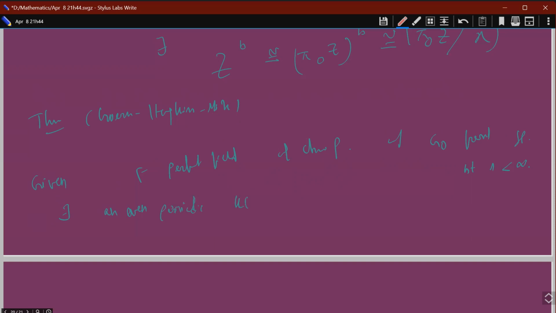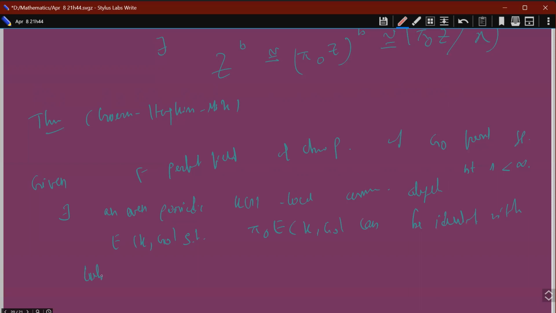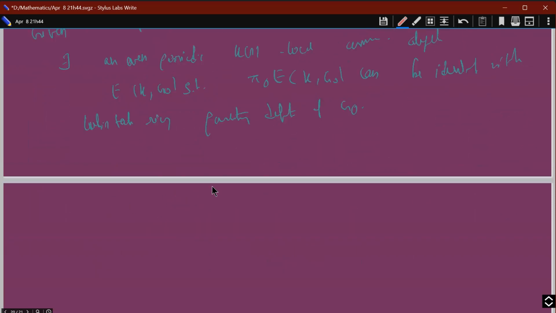An even periodic K(n)-local commutative algebra such that it can be identified with the Lubin-Tate ring parameterizing deformations. So Lurie thought of a generalization of this actually.